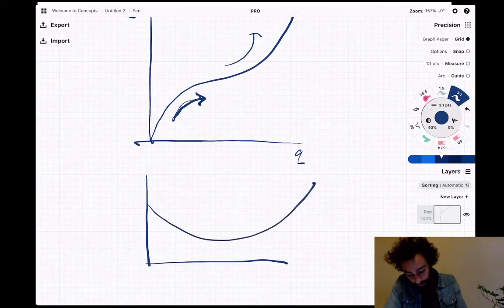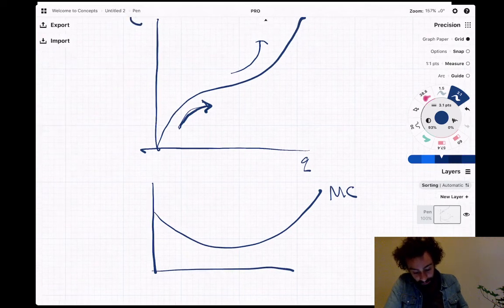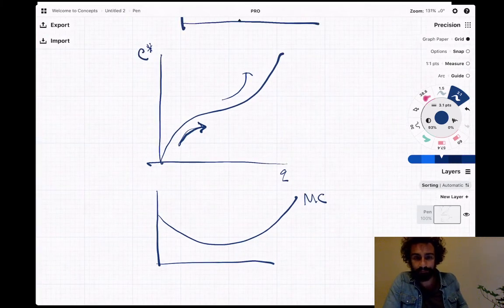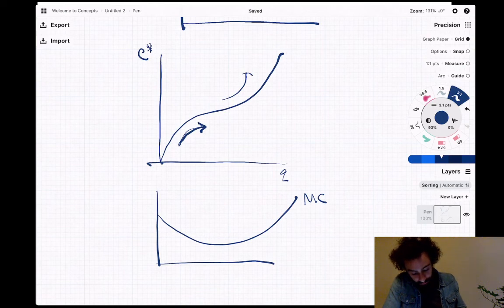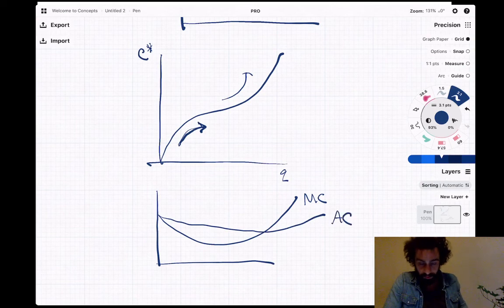So this is marginal cost. The marginal cost is then a quadratic, right? And we can see that, it's because it's a derivative of a cubic. And the average cost function is also sort of quadratic, though it doesn't need to start at the same place.